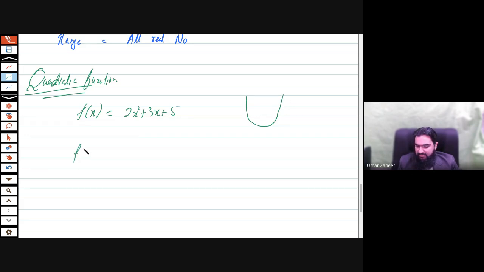And for example, if the coefficient of x squared is negative, then the shape of the graph is going to be upside down. All right.